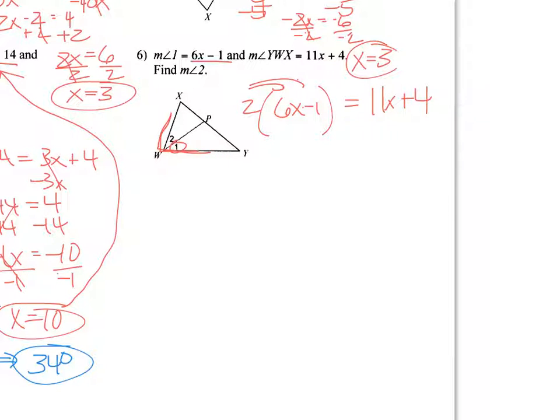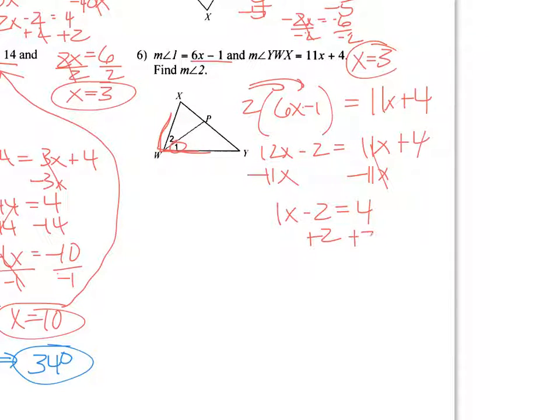So we do distributive and get 12x minus 2 equals 11x plus 4. Subtract 11x. So it gives me 1x minus 2 equals 4, and then add 2, so 1x is the same as just x equals 6.